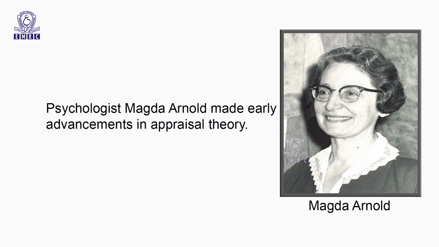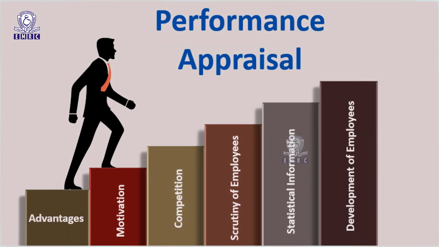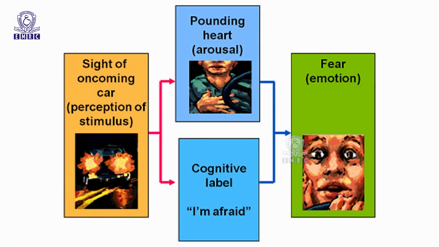Psychologist Magda Arnold made early advancements in appraisal theory, proposing that an initial appraisal begins the emotional sequence by arousing both the appropriate physiological reactions and the emotional experience itself.